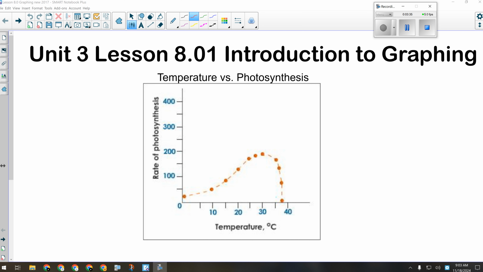The other thing that's important is scale. We're lucky, we don't have to make graphs by hand anymore, okay? Like, when I was your age, graphs were drawn by hand, okay? Which means you had to figure out your scale for both your y and your x-axis.